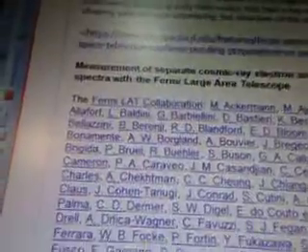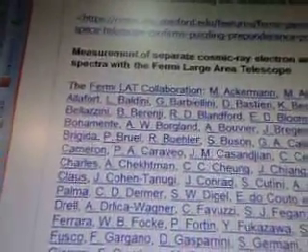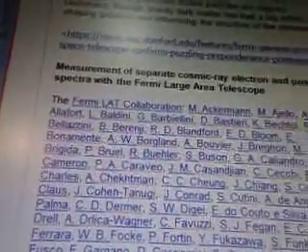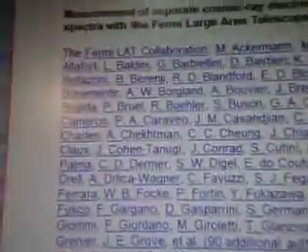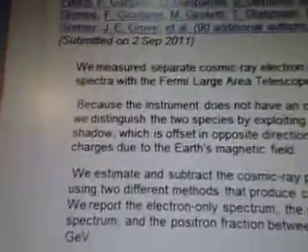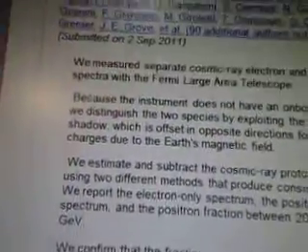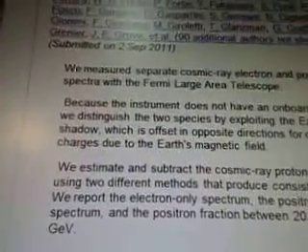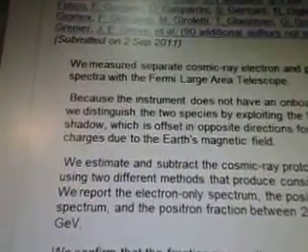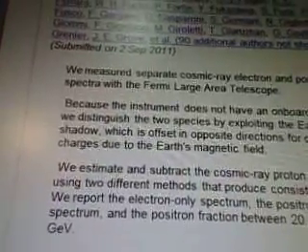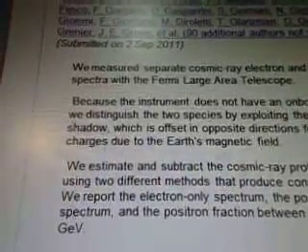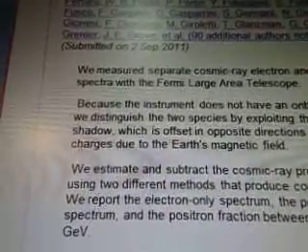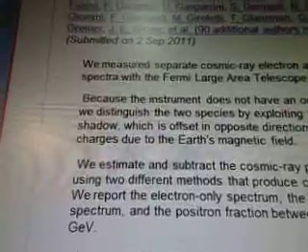Measurement of separate cosmic ray electron and positron spectra with the Fermi Large Area Telescope. And these are all the doctors that work on that project. There's tons of them. September 2011. We measured separate cosmic ray electron and positron spectra with the Fermi Large Area Telescope. Because the instrument does not have an onboard magnet, we distinguish the two species by exploiting the Earth's shadow, which is offset in opposite directions for opposite charges due to the Earth's magnetic field.